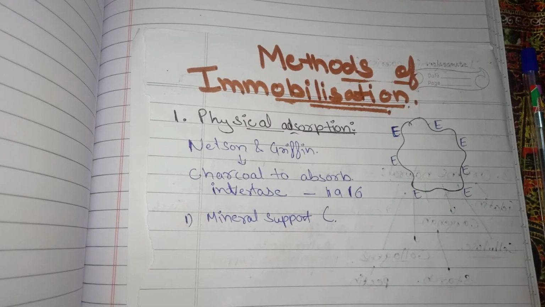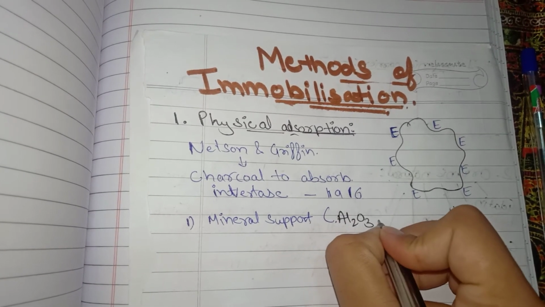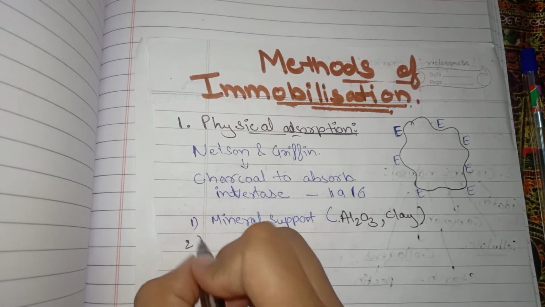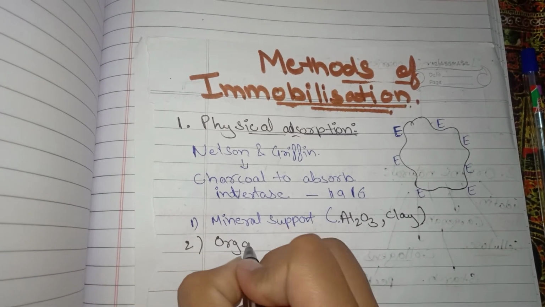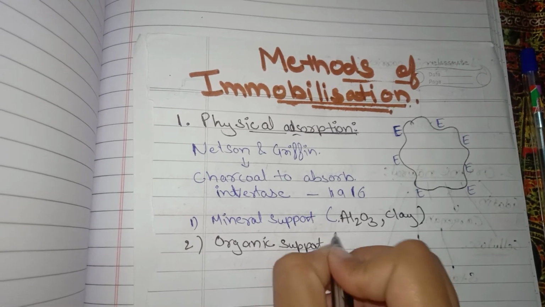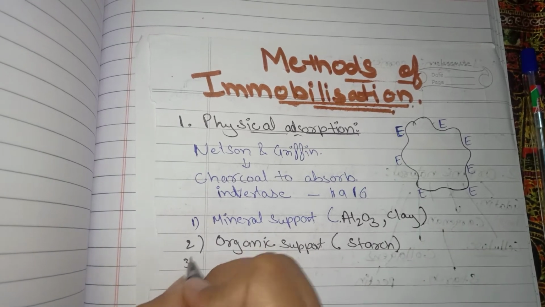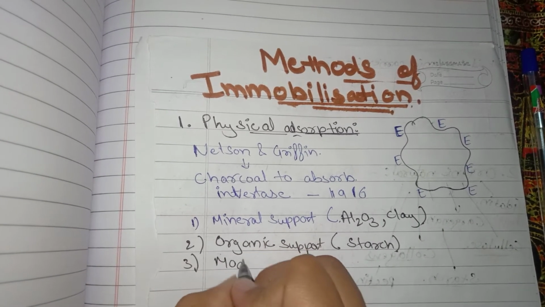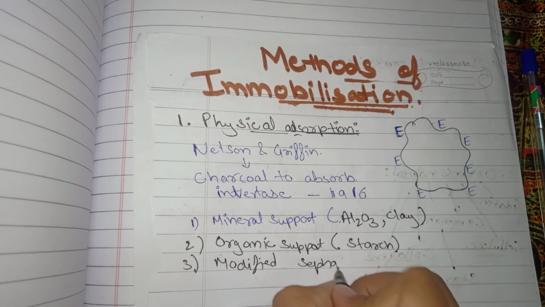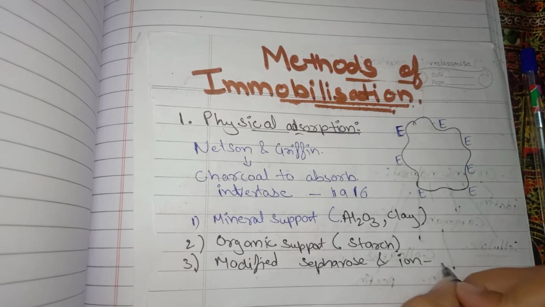Mineral support include aluminium oxide and clay, and the second one is organic support. It includes starch, and the third one is modified Sepharose and ion exchange resin.